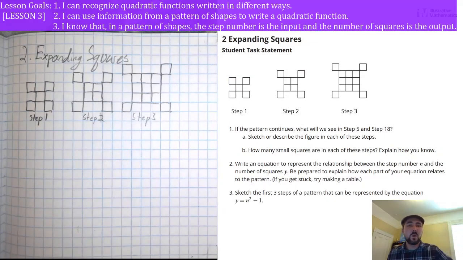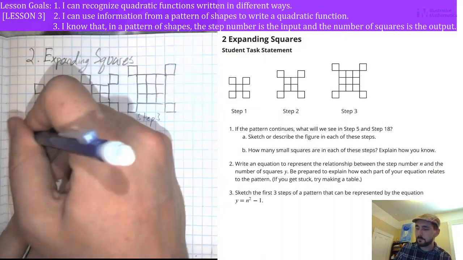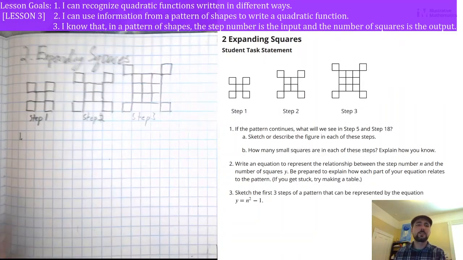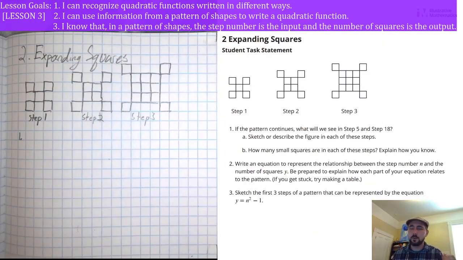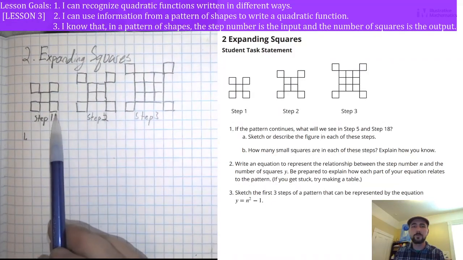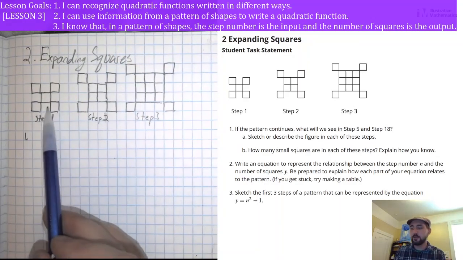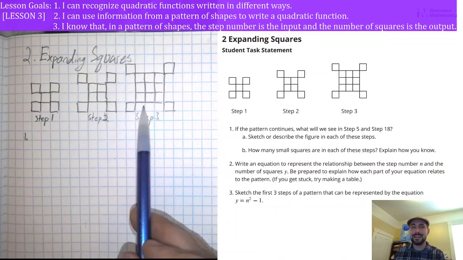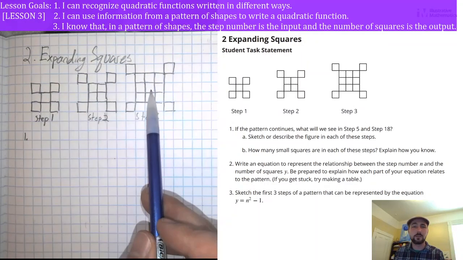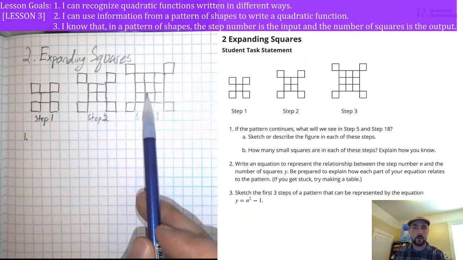Okay, everybody, welcome back. So, if the pattern continues, what will we see? Most of all, do you see a pattern? From vague to specific, yes, I see a pattern. The shape looks basically the same, except it seems to be growing, or at least the middle seems to be growing.